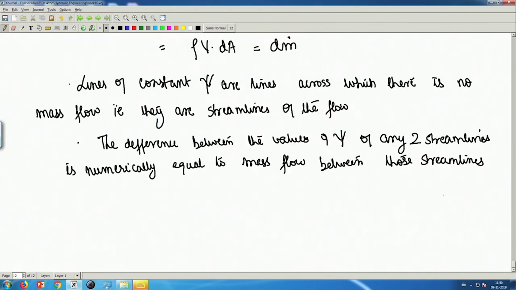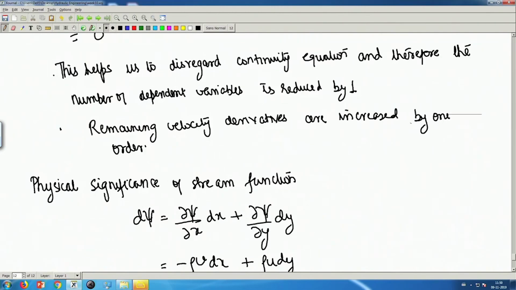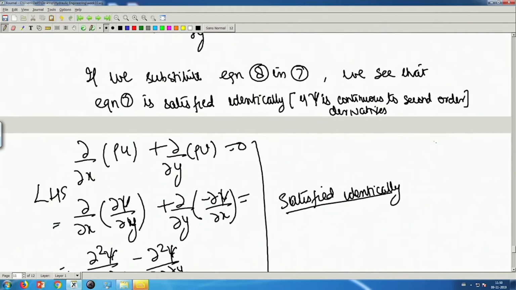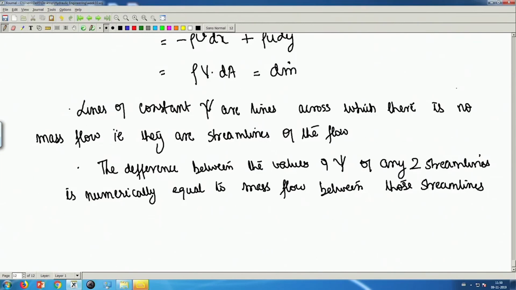All right. So these are the two physical significances of stream function: that the lines of constant psi are lines across which there is no mass flow, and also the difference between the values of psi across any two streamlines is numerically equal to the mass flow between those two streamlines. All right. So this concludes our continuity equation. Now we are going to the conservation of mass.